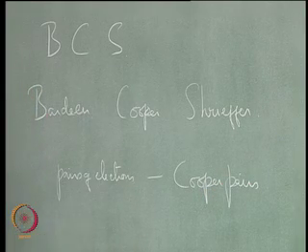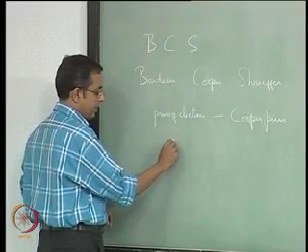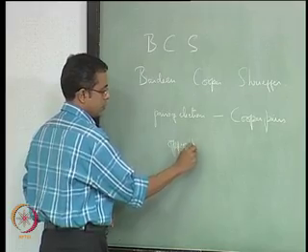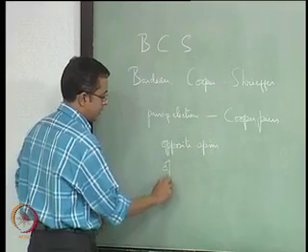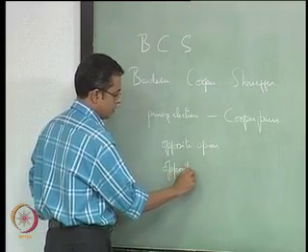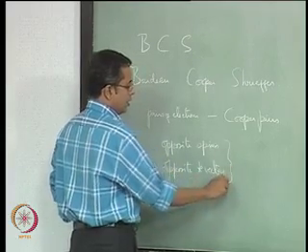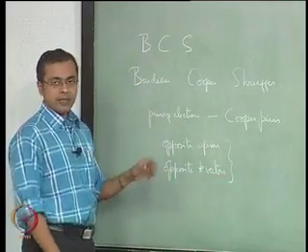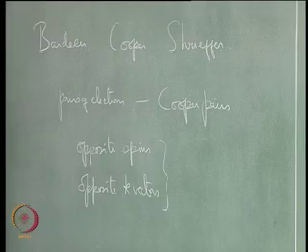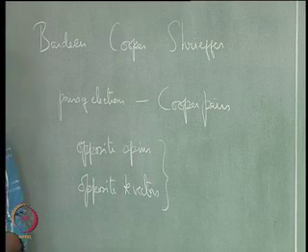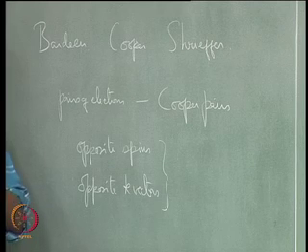And it requires the electrons to have opposite spins and opposite k vectors. Okay, so the pairs of electrons would have opposite spins and opposite k vectors, and as a result of this combination it would appear as though the net k vector was 0 and the net spin was 0.